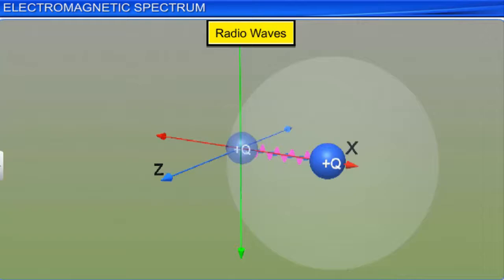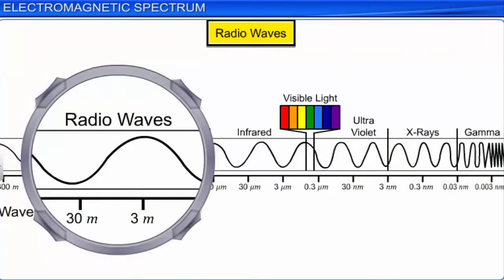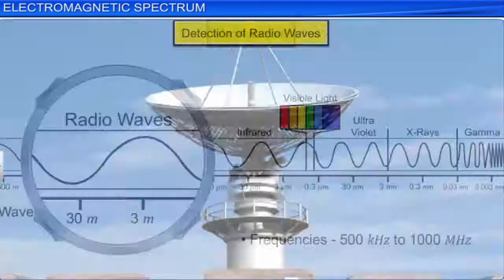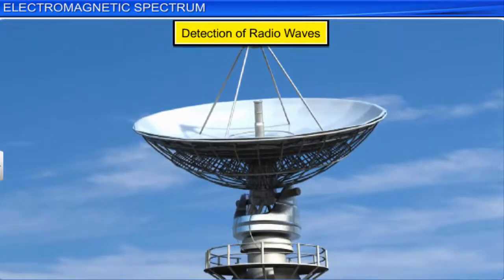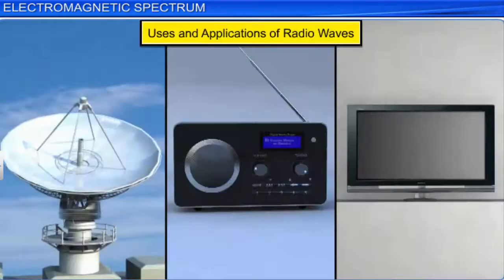They generally lie in frequencies in the range of 500 kHz to 1000 MHz. They can be detected by aerials in receivers used for communication. They are mainly used in radar communication, radio and television communication, and also in cellular phone communication networks in the modern world.